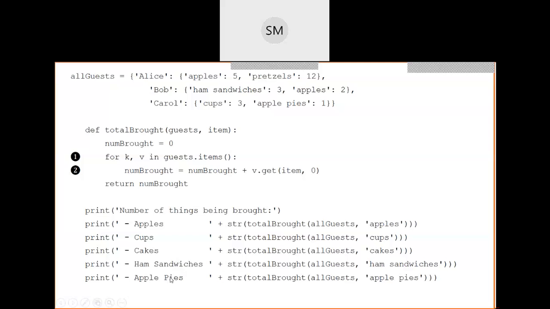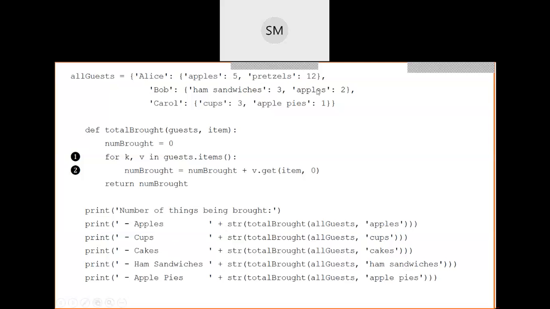If you observe, the expected output will be like this. Apples will have some count here. Cups will also have some count, because the cups key is present in our dictionary. Cakes will be 0 because the cakes value is not present in our dictionary.